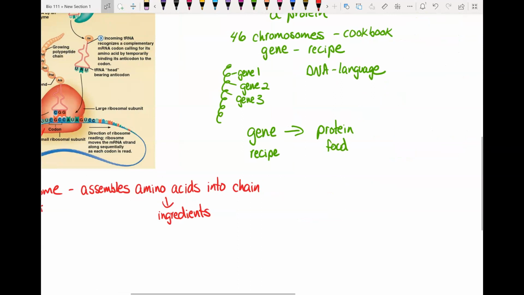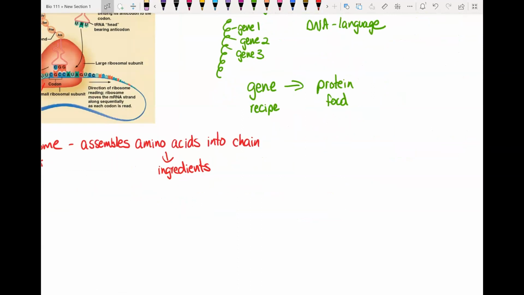So what we have so far is a gene, which is the recipe. It's going to give instructions to the ribosome, which is the chef.